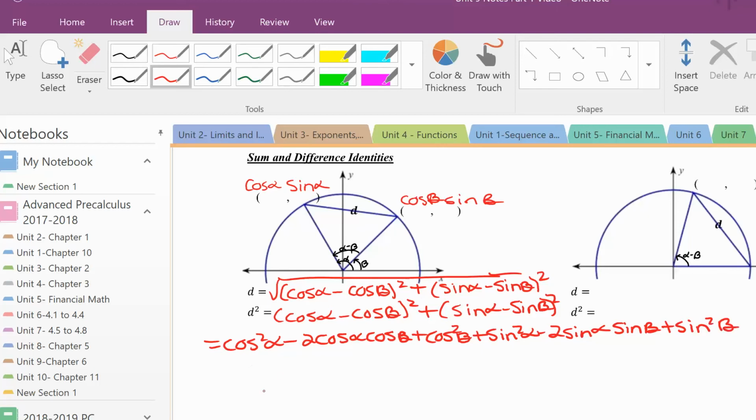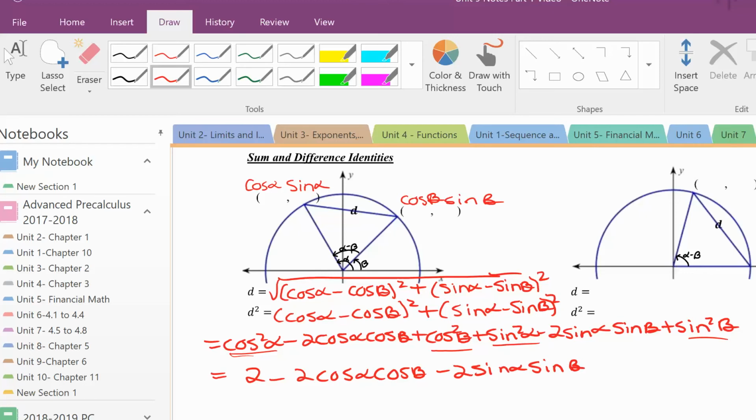So notice here you have a couple identities, cosine squared plus sine squared for alpha and beta. So that means you have 2 minus 2 cosine alpha cosine beta minus 2 sine alpha sine beta. All right, so that's as far as we can simplify that one.